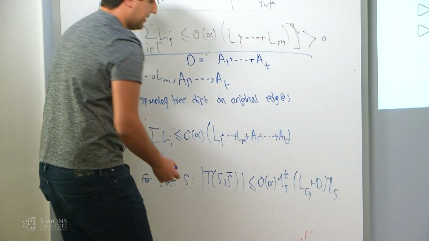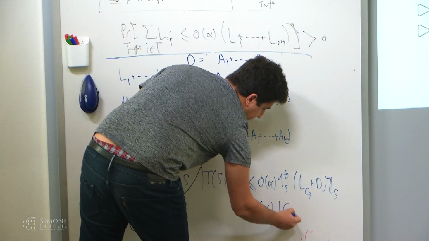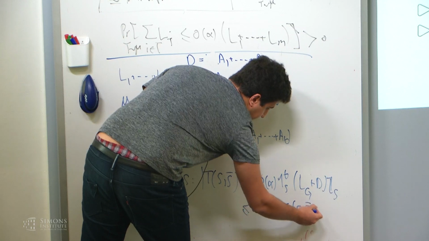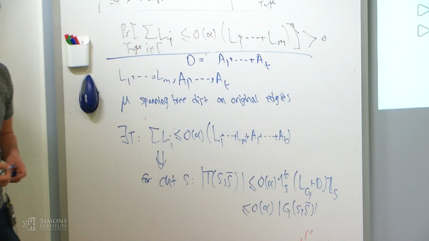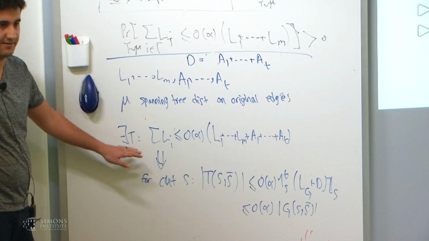And this is bounded again by O of alpha times the number of edges that you have in the cut. So if the desired outcome happens, then you're done.